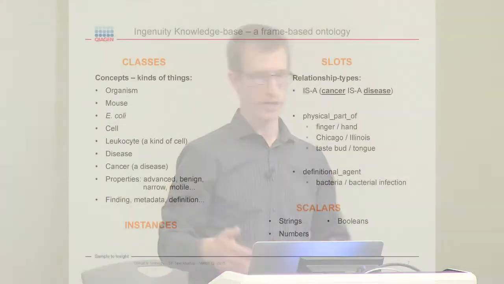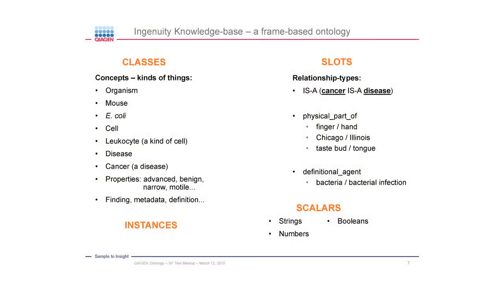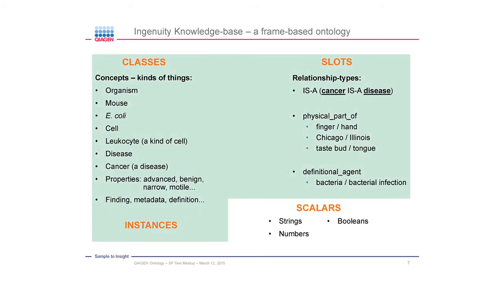And that allows us to assert all kinds of details that are obviously not appropriate for the class itself. So we have classes, slots, instances, and then we can also encode scalars, so strings, numbers, booleans. There's a few other kinds that I won't talk about here. And the first three things are what we would call frames. Those are frames in the ontology.